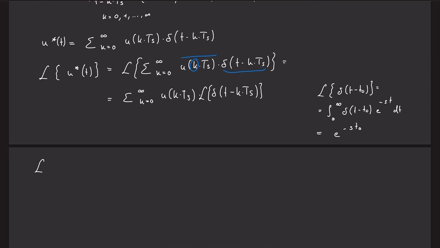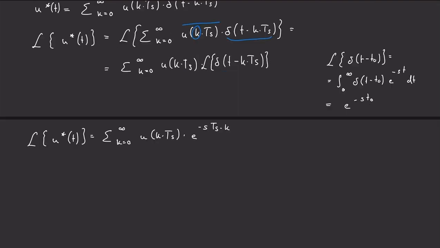Using this now, we can write down our Laplace transform of our sampled signal as the summation, the series of our sampled sequence times e to the power of minus s and not t0. Our t0 now would be k times ts.